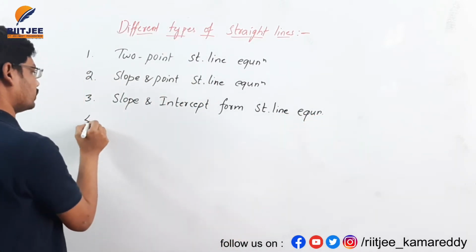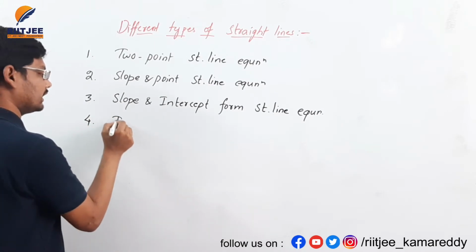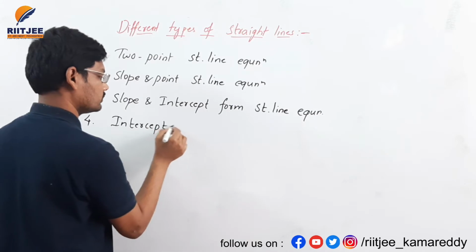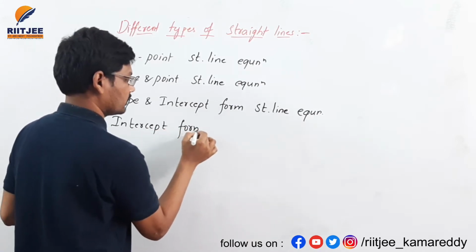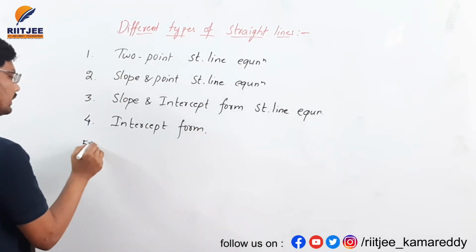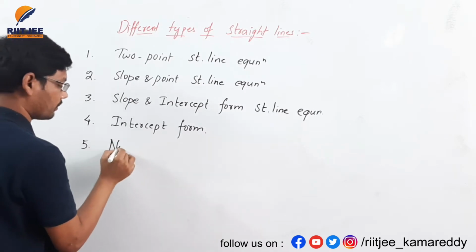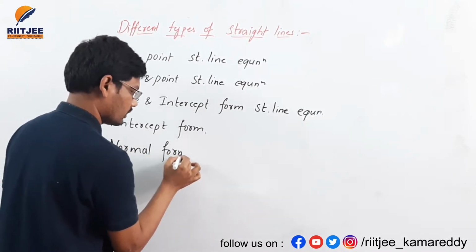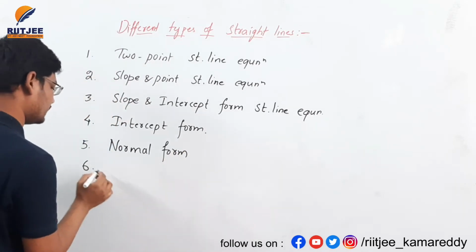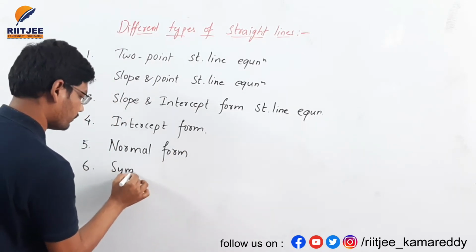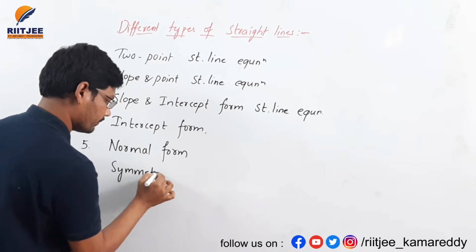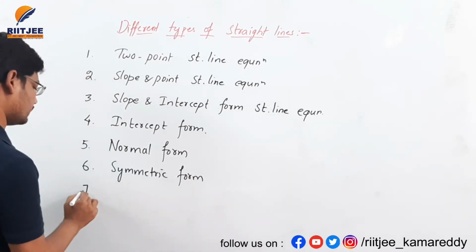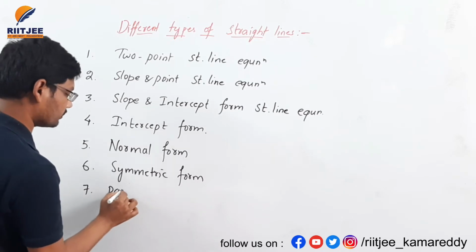and the fourth one is intercept form, and the fifth one is normal form, and the sixth one is symmetric form, and the final one is parametric form.